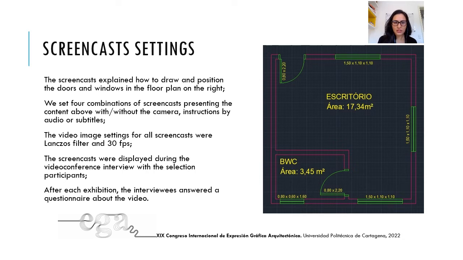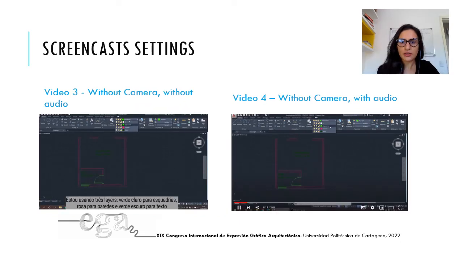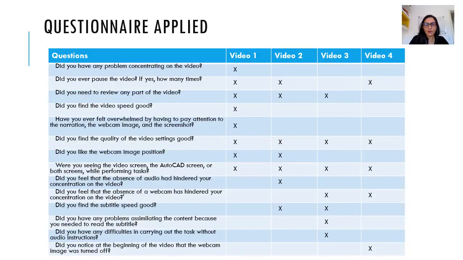The video image settings for all screencasts were Lanczos filter and 13 frames per second. Here there are some examples of the 2 first screencasts set with camera, the 2 other screencasts set without camera, and here is the questionnaire applied after each screencast exhibition.